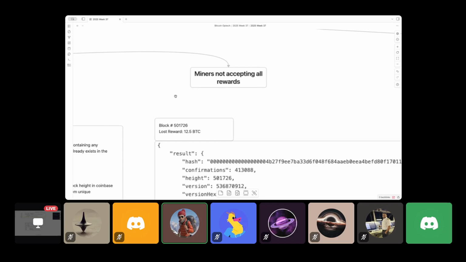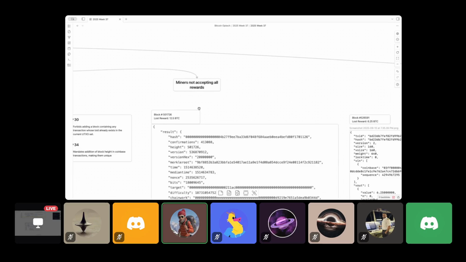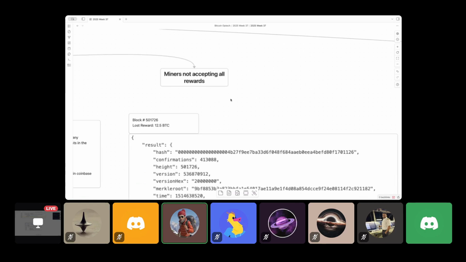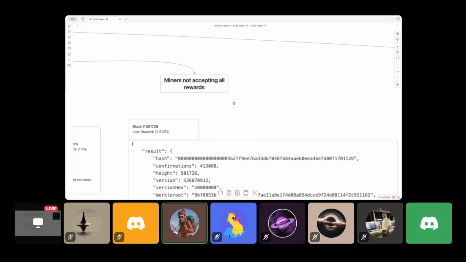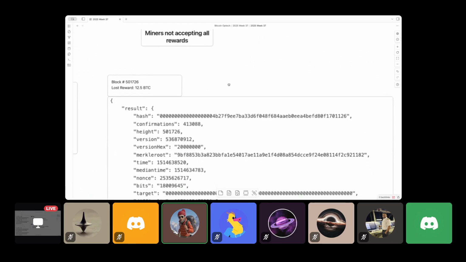Then we have another case where miners did not accept all the rewards. This is also an interesting case wherein miners did not claim the rewards that they were entitled to.